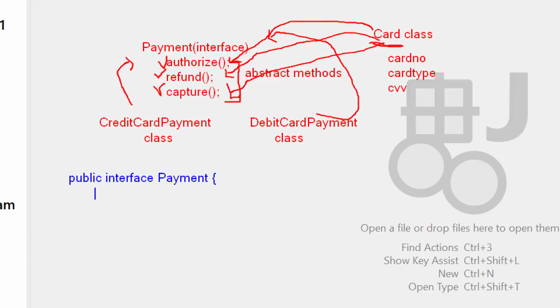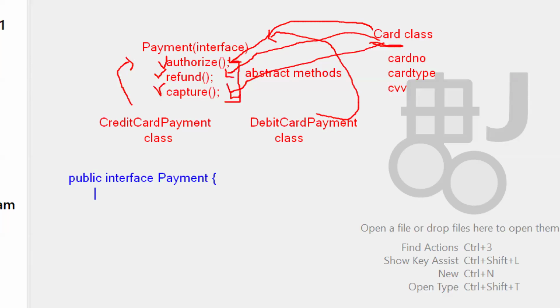Let me come in a proper way. Please try to understand me. In an interface, by default, all the methods are public and abstract, right? Yes, sir. So there is no need of writing the public abstract keywords. Tell me directly, before the method name, return type is also required?